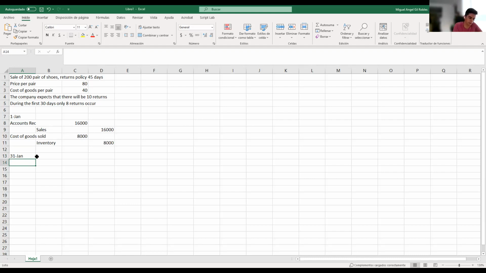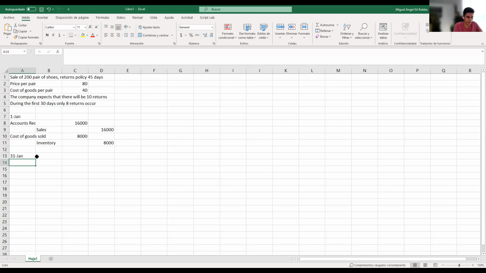Why don't we do this before? Why don't we make an allowance? This allowance is a provision. Why don't we make an allowance first? Because we are in the same period, so it doesn't really matter. We have to wait until the end of the period to make an allowance, and that's actually what we are going to do. And why are we doing this?